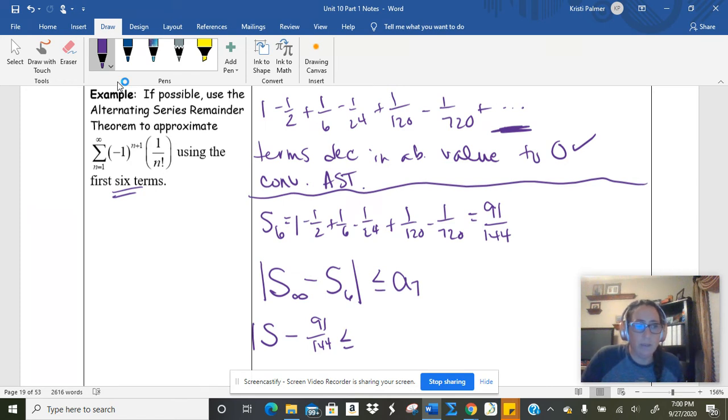And remember, we only want the absolute value of it, no matter if it's a positive or a negative sign. So we're just looking at it here, not the -1 part. And 7 factorial is 5040, so this would be 1 over 5040. Sorry, absolute value.